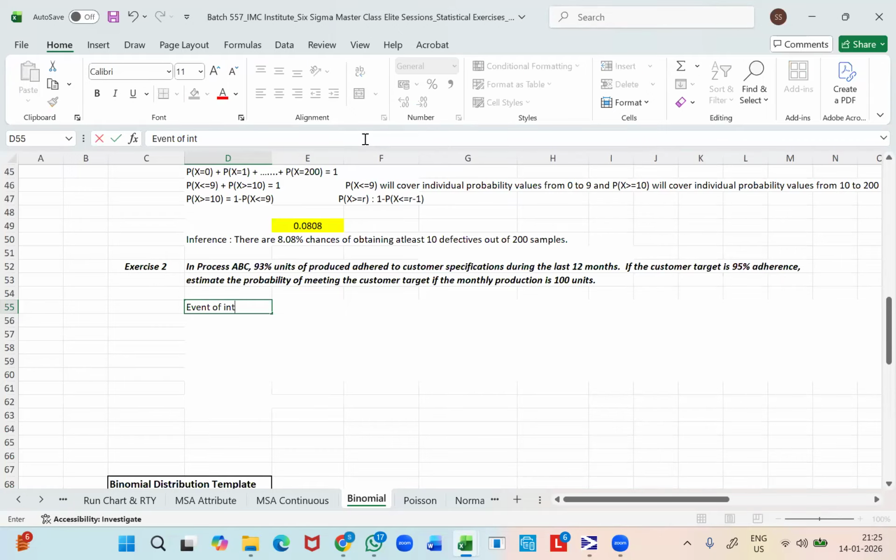So let me look at the event of interest. If you want to reproduce the same language that is given in the question, the event of interest is adherence to the customer specification. What is the data type of this event of interest?